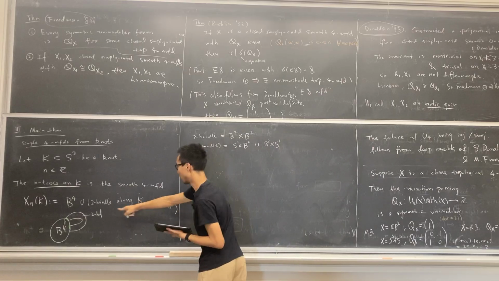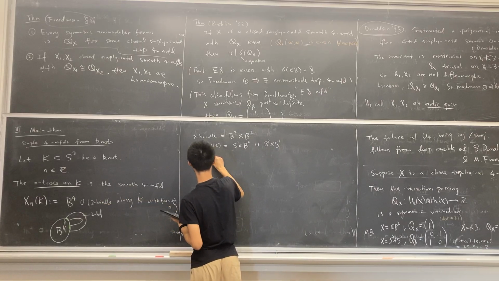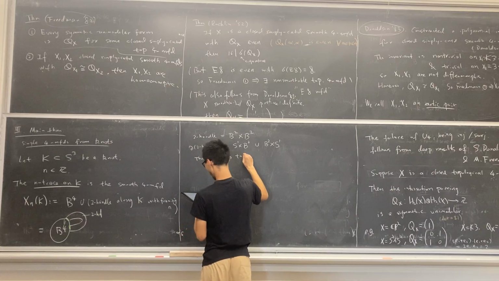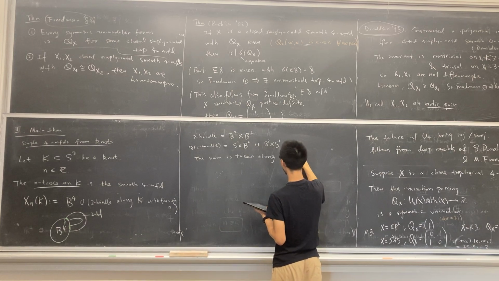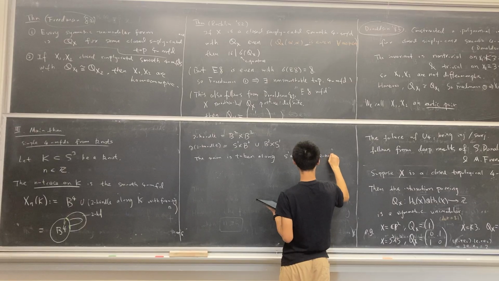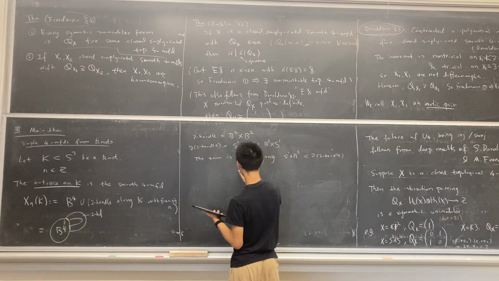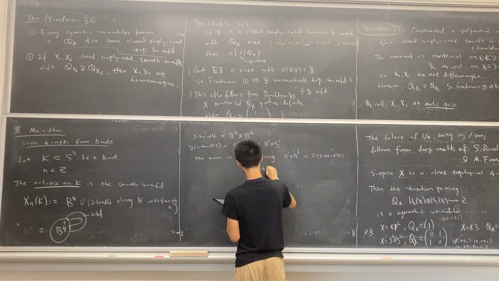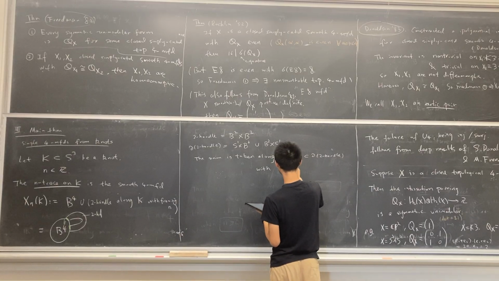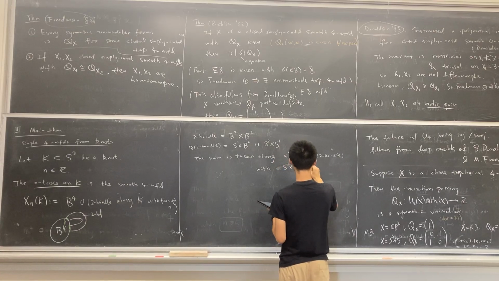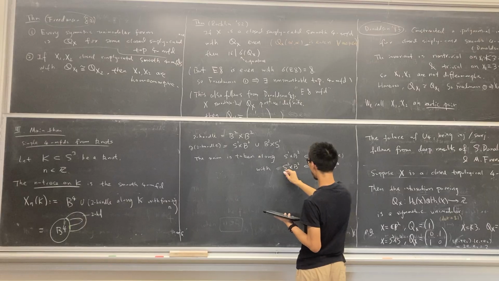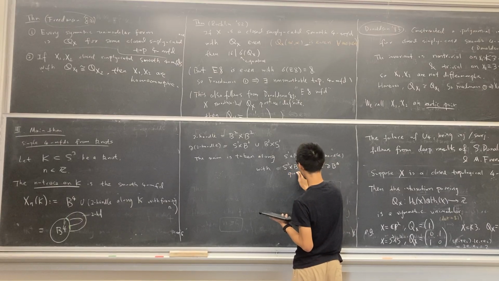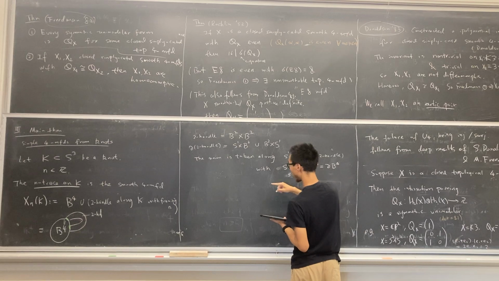And the gluing, the union over there, is taken along the first copy, S1 times B2, in the boundary of the two-handle, and a tubular neighborhood, I'll just write S1 times B2, inside S3, which is the boundary of the four-ball, specified by the knot.